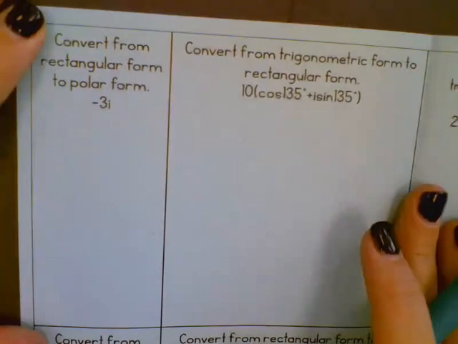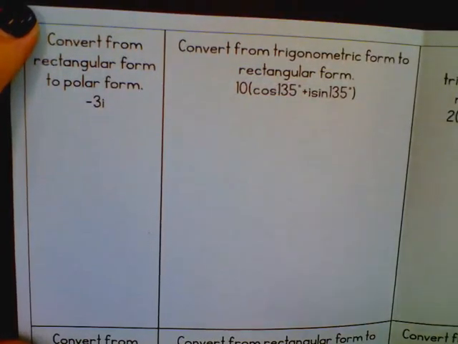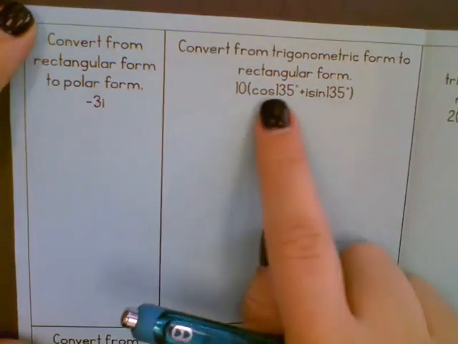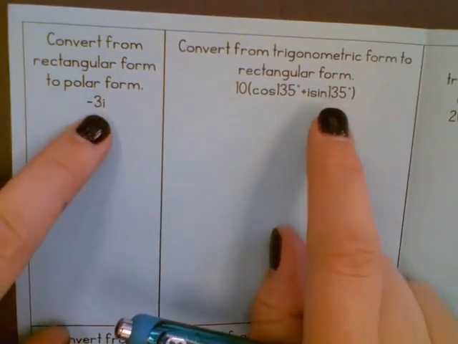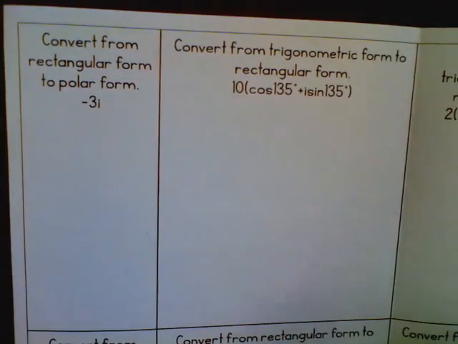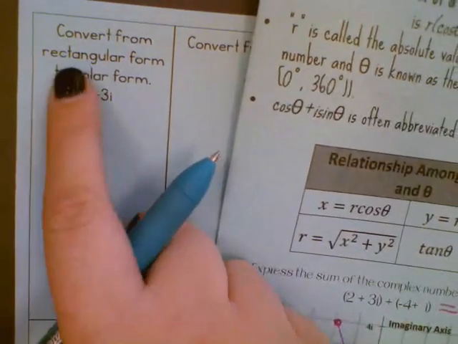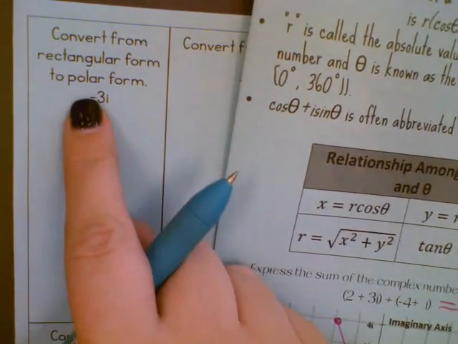So the main thing we're going to learn in this section is how to convert back and forth between polar form and rectangular form. So this would be polar form and this is rectangular form. Okay, so we're going to use those formulas that were on the front to find the other ones. So here we're in rectangular, so we need polar.